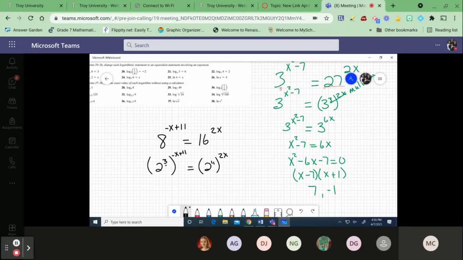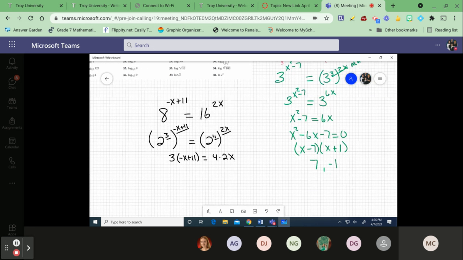So again, when I have one power raised to another, I need to multiply them. So 3 times -x plus 11 and 4 times 2x. If those bases are the same, the exponents are the same.